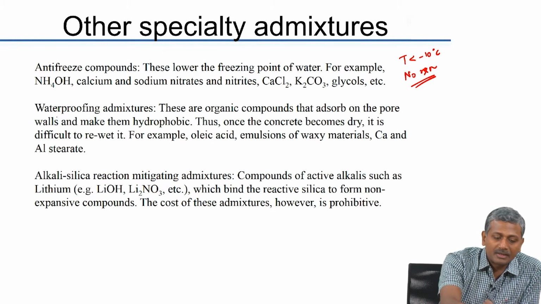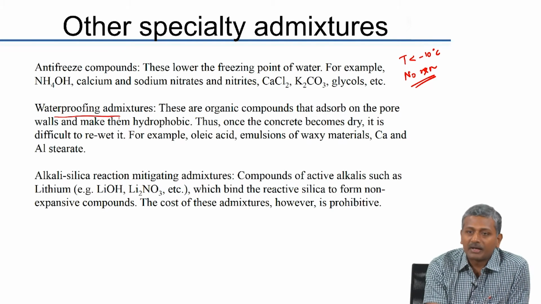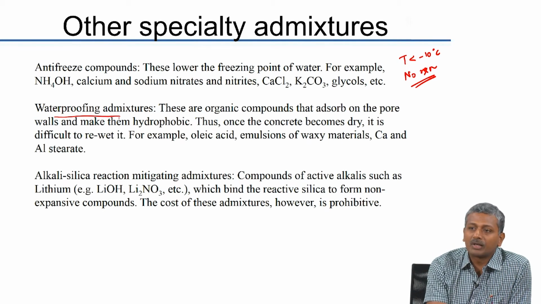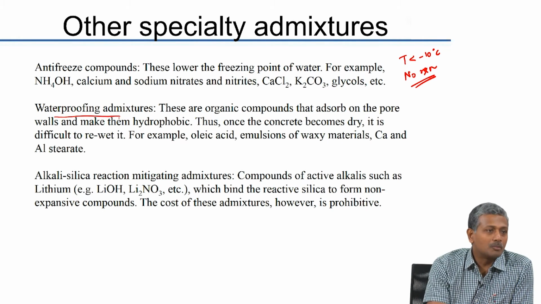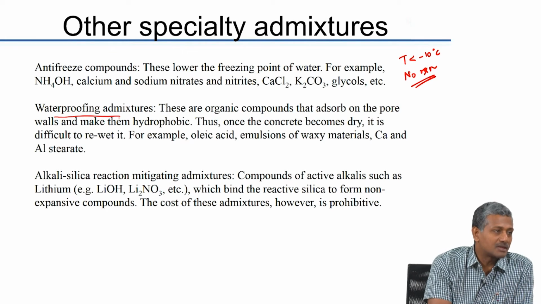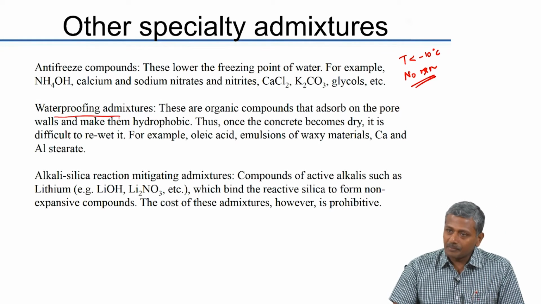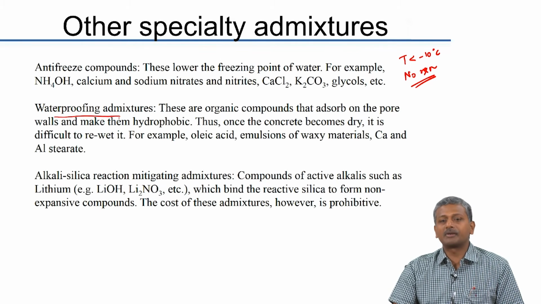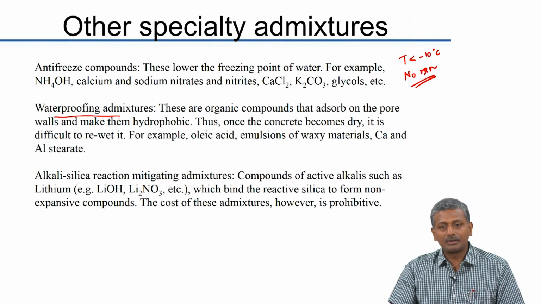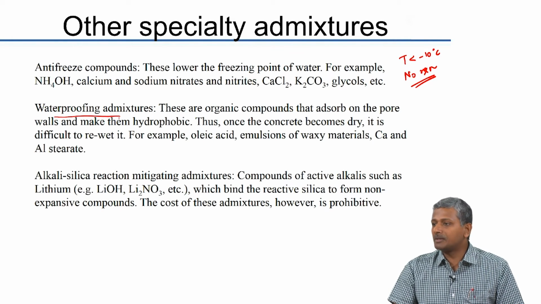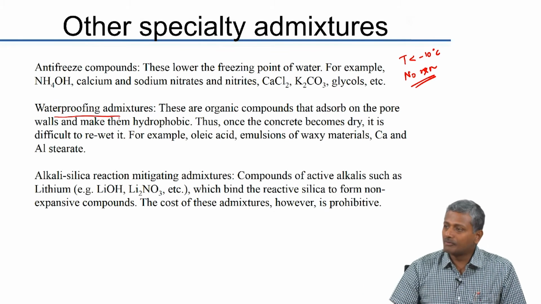Waterproofing admixtures, I have presented only 4 lines about it, but actually there are people who can conduct an entire course, talk to you about different types of waterproofing treatments that can be there in the construction industry. But as admixtures, we are still talking about only those chemicals that are added into the concrete, but there is a whole lot of waterproofing treatments that are much beyond the scope of even admixtures.